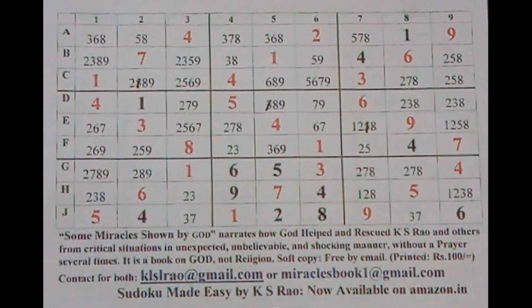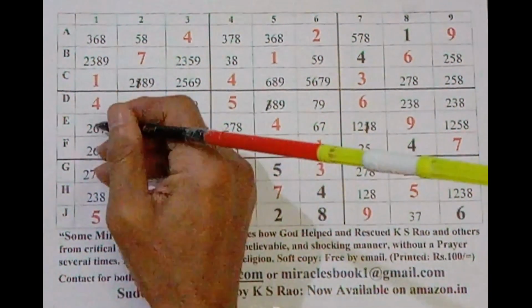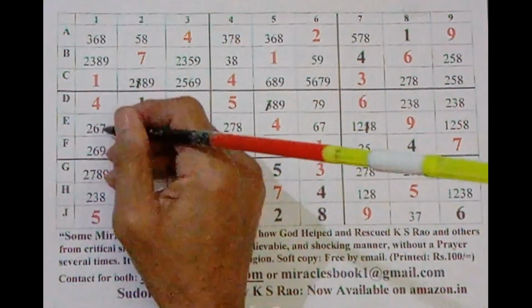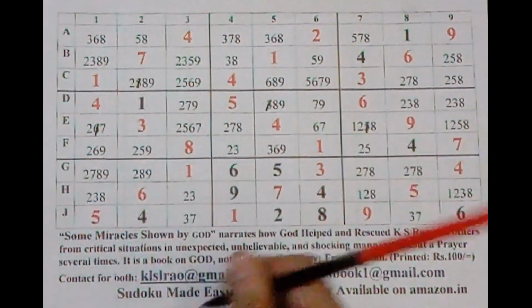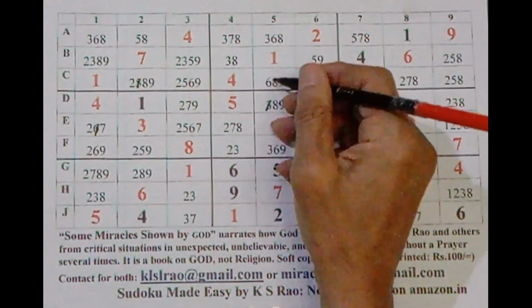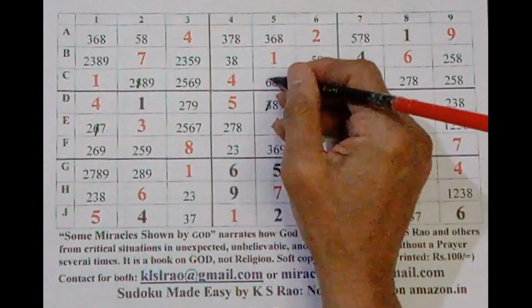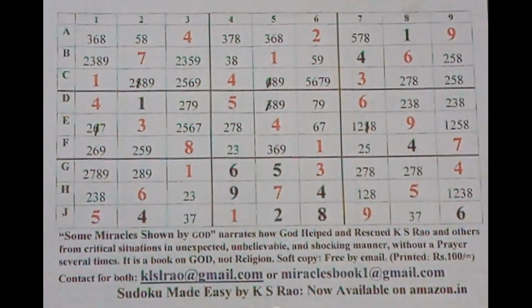So let us delete them now. At E1 and C5. This 6, C5. So, now we have come to a very interesting stage now.